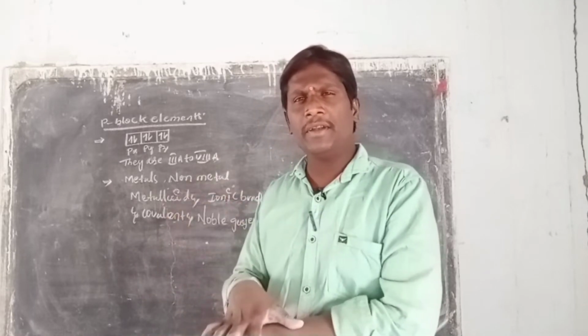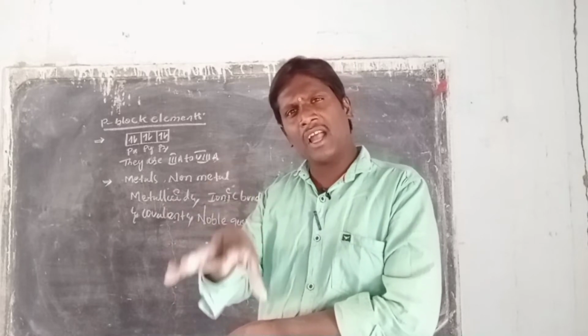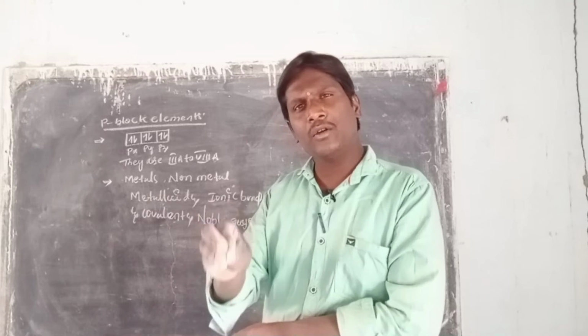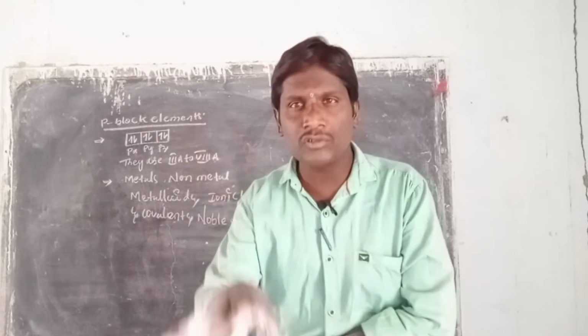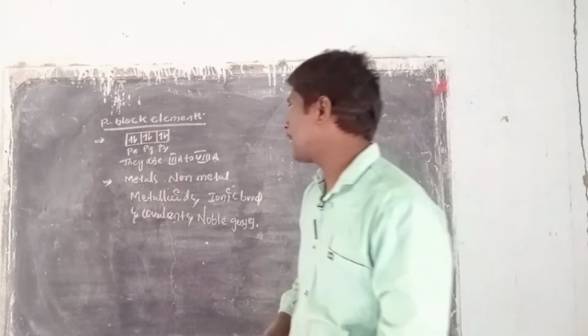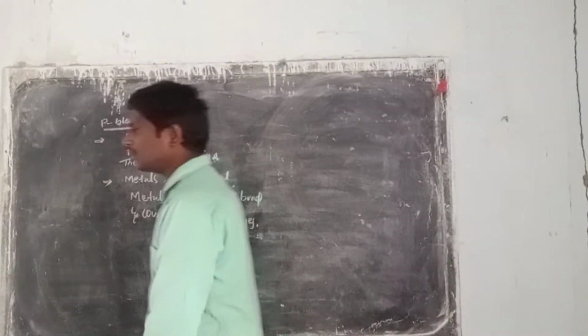Metals, non-metals, metalloids, ionic character and covalent character, and also noble gases are present in this part of the periodic table.